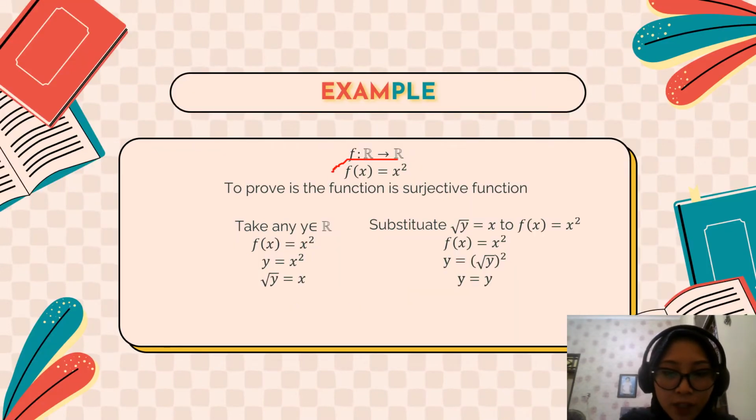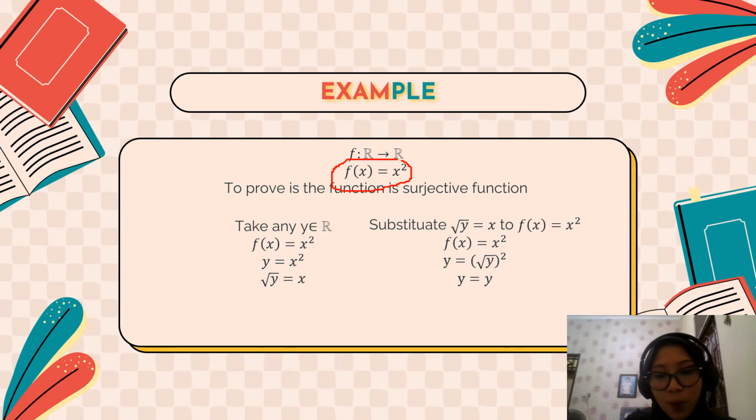We have this function f(x) equals x squared. We must prove this function is surjective. To prove it, first take any y element of real numbers. We change f(x) to y, so y equals x squared. So x equals root of y. Now we substitute root y into f(x).